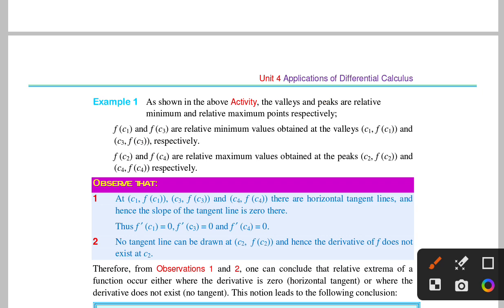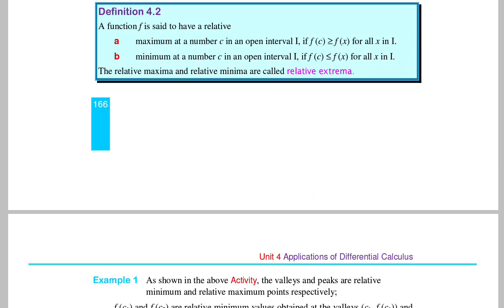F of C1 and f of C3 are relative minimum values obtained at the valley, respectively. And relative minimum, you say C1 and C3. Look at them, C1 and C3.